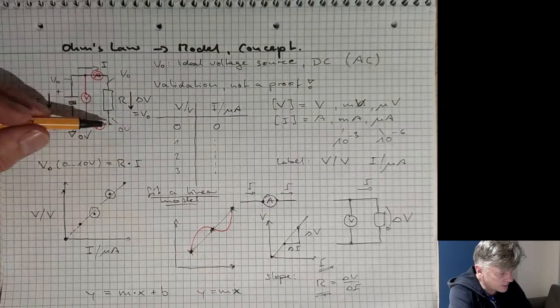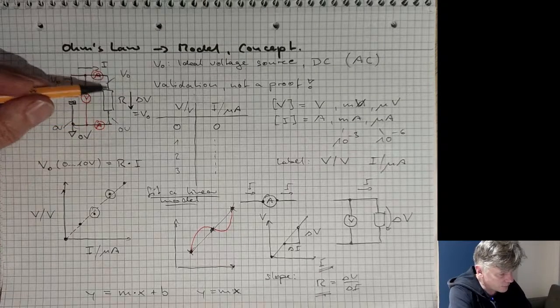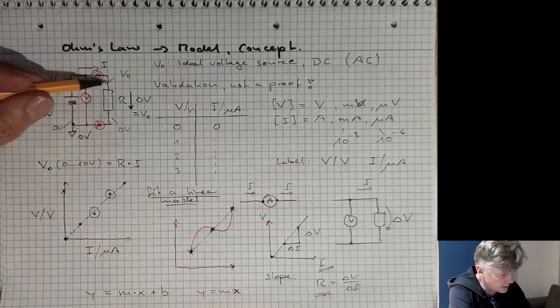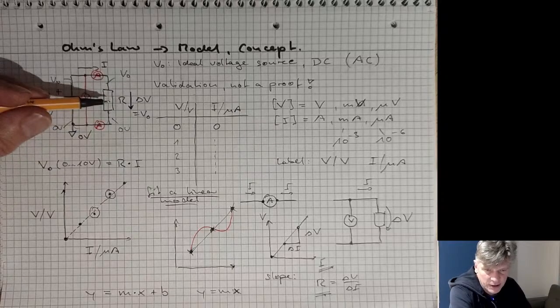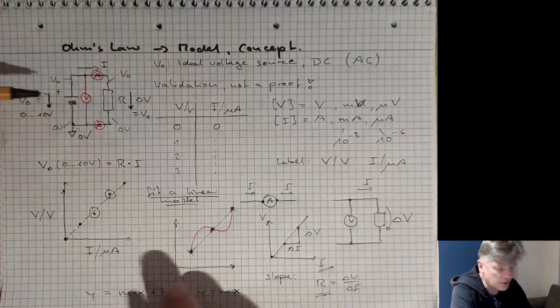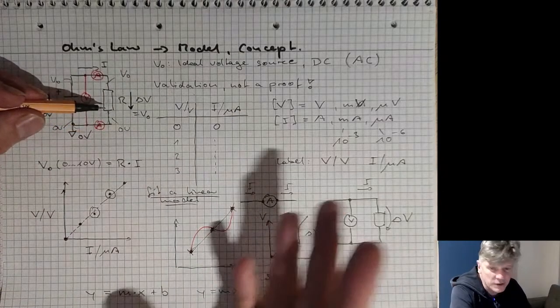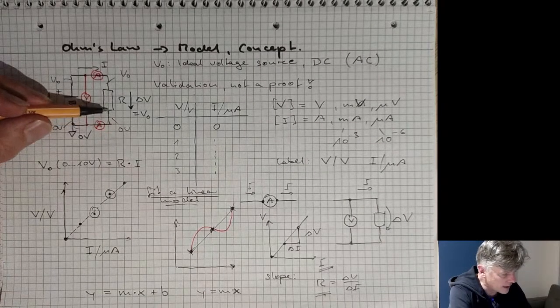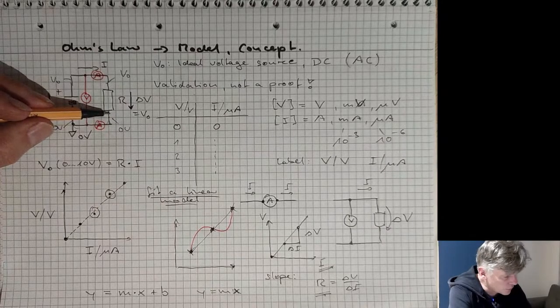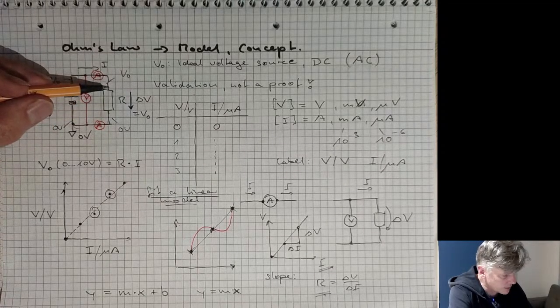So from a higher potential to a lower potential, the charges are losing energy in the resistor. But in fact, it's the electrons, so it's the other way around. But we've seen that this is equivalent. So electrons would then tend to move from a lower potential to a higher potential and apply work.